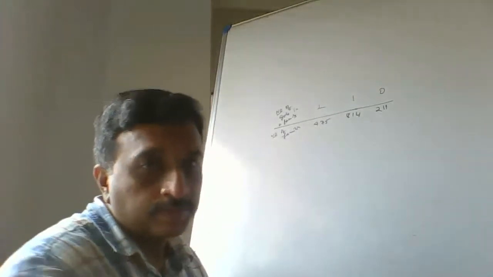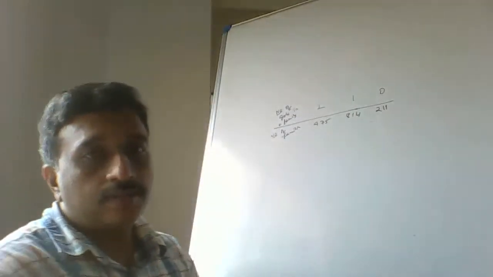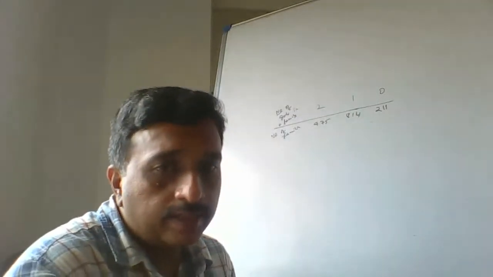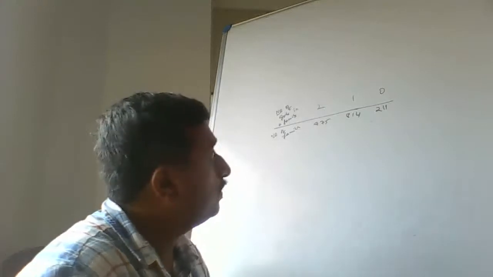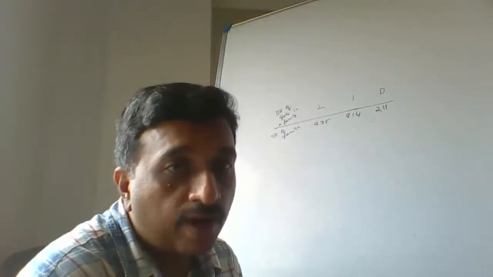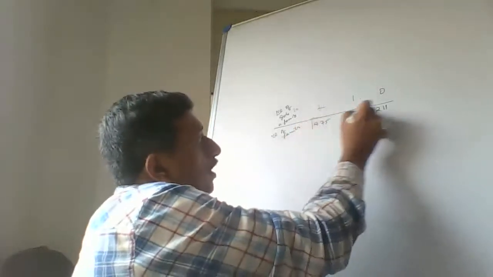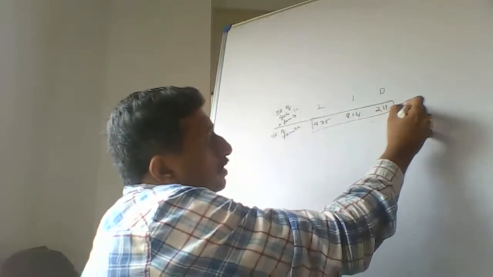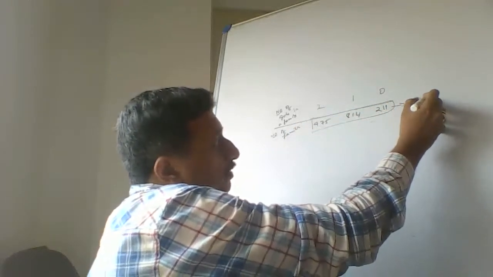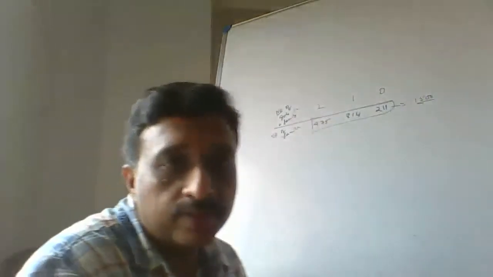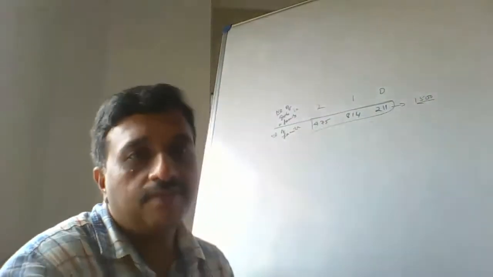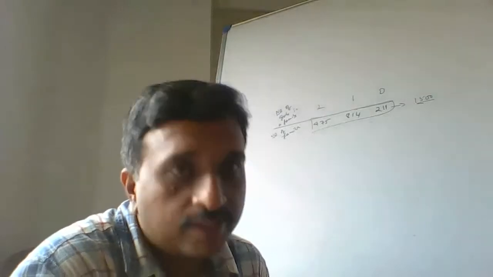Now this is the question. The n is 1500. So the given data is correct. When you add these, this is 1500. There's no problem with the problem itself, so the question is correct.